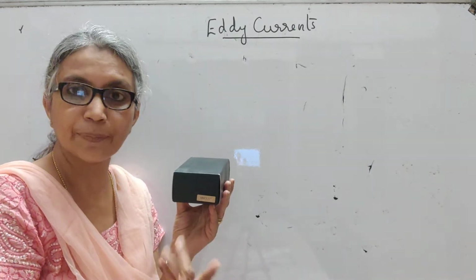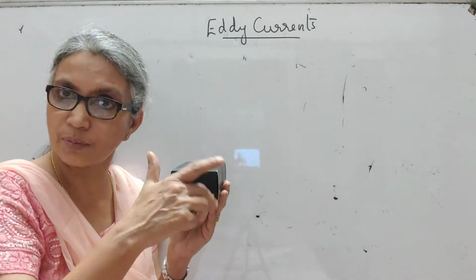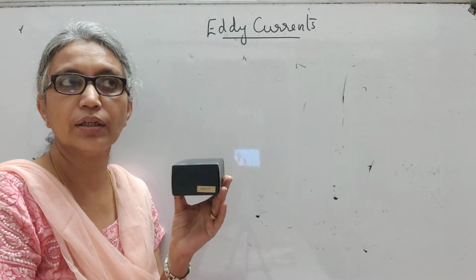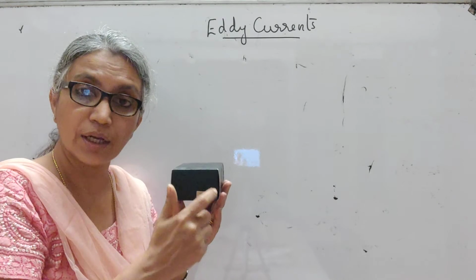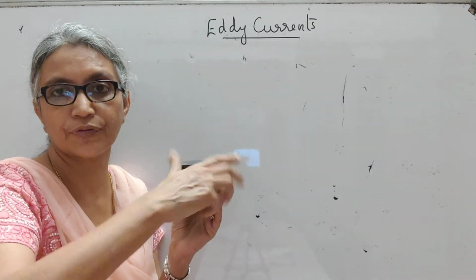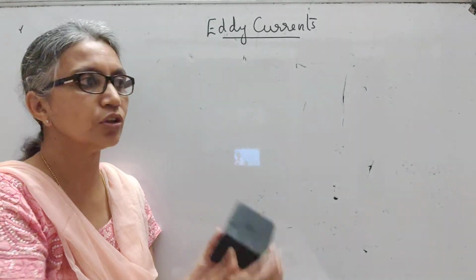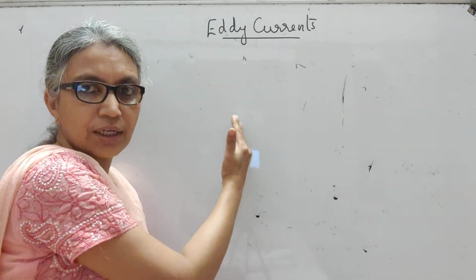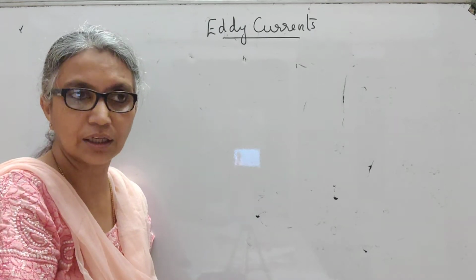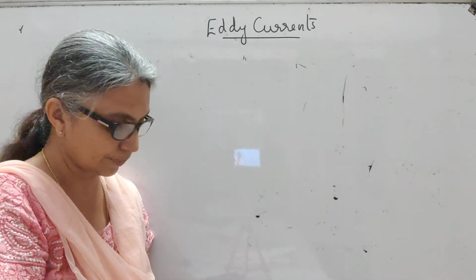The change in flux happens because of the motion of this coil. So the eddy currents set up in the core oppose the change in flux. That means it opposes the motion of this coil, and your coil will quickly come to rest, and your needle will therefore quickly come to rest, and you can easily take the reading. So in this case, it is an advantage.